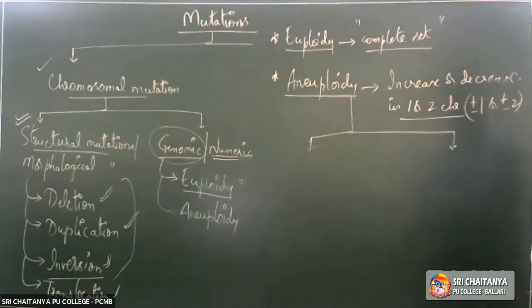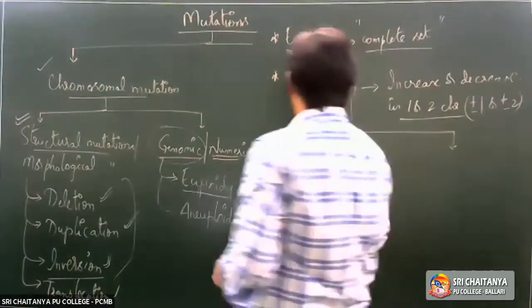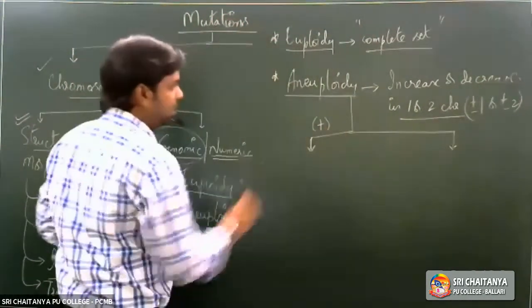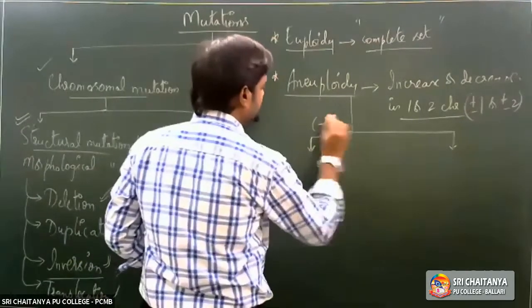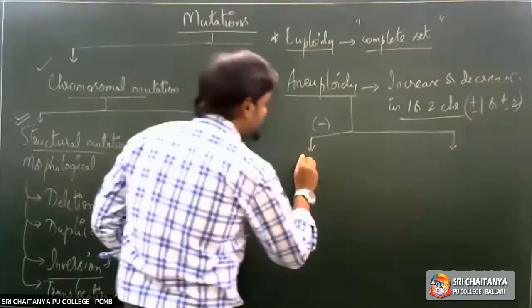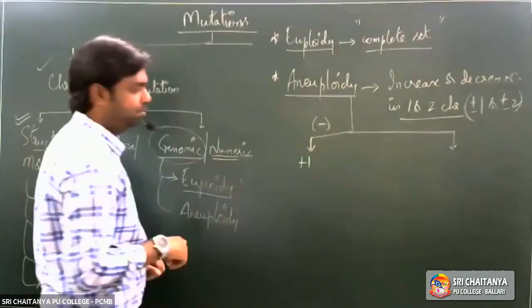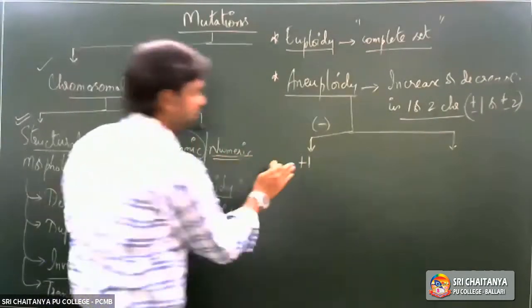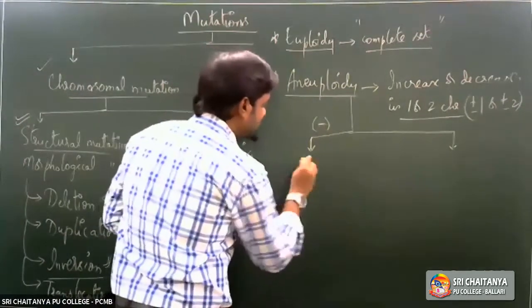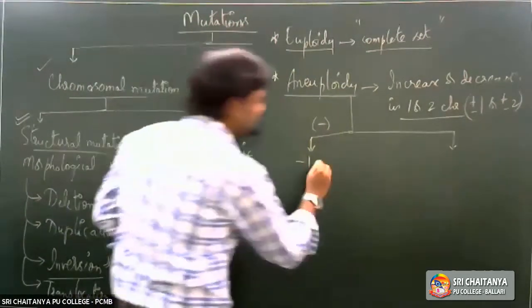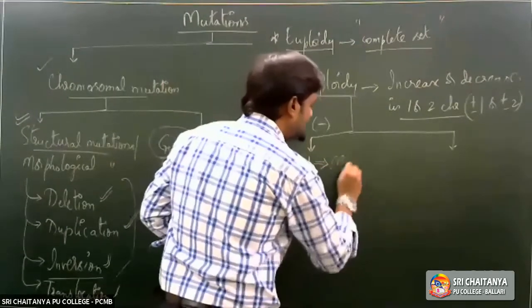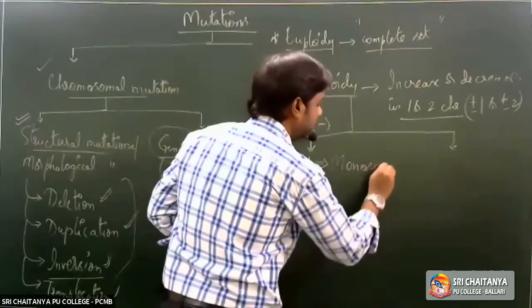Let us first begin with minus, then we will take plus. If there is one chromosome decreased, that is minus one chromosome, we call that condition monosomy.